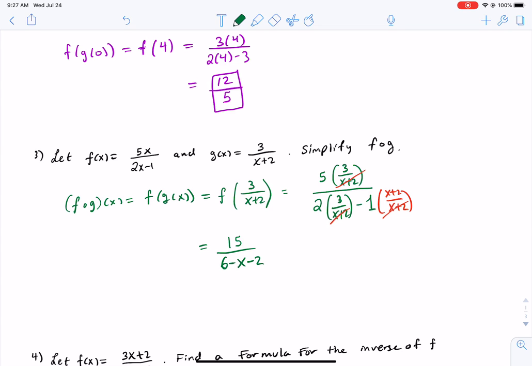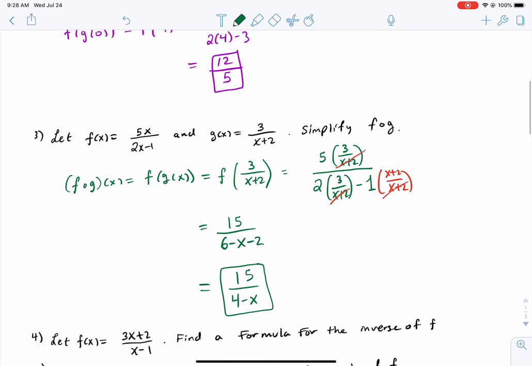So the answer for this one will be 15 divided by 4 minus x. Any questions for that, or is it clear?